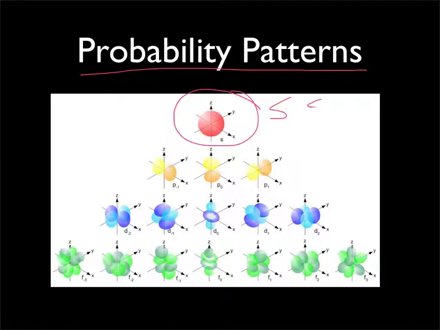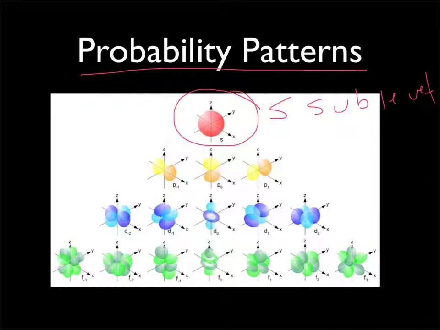This is the S sublevel. Looks like a sphere. If you're in that first level, you have a small sphere around the nucleus. If you're in the second level, that sphere is a little bit bigger, but still a sphere, that S sublevel in the second level. Remember, the second level can have S and P. Well, what's P look like?